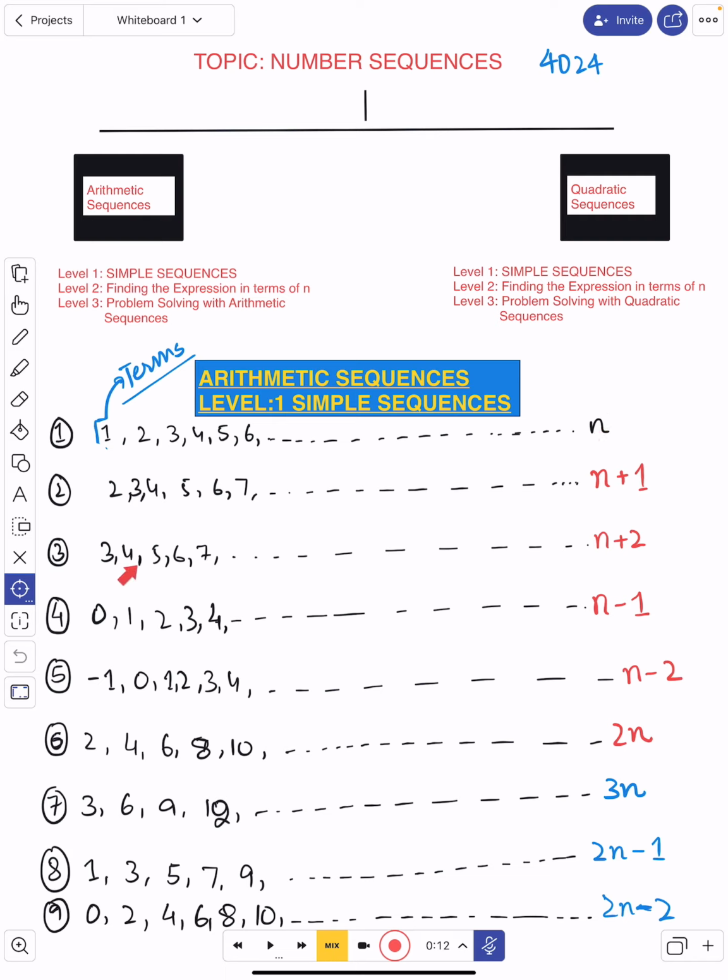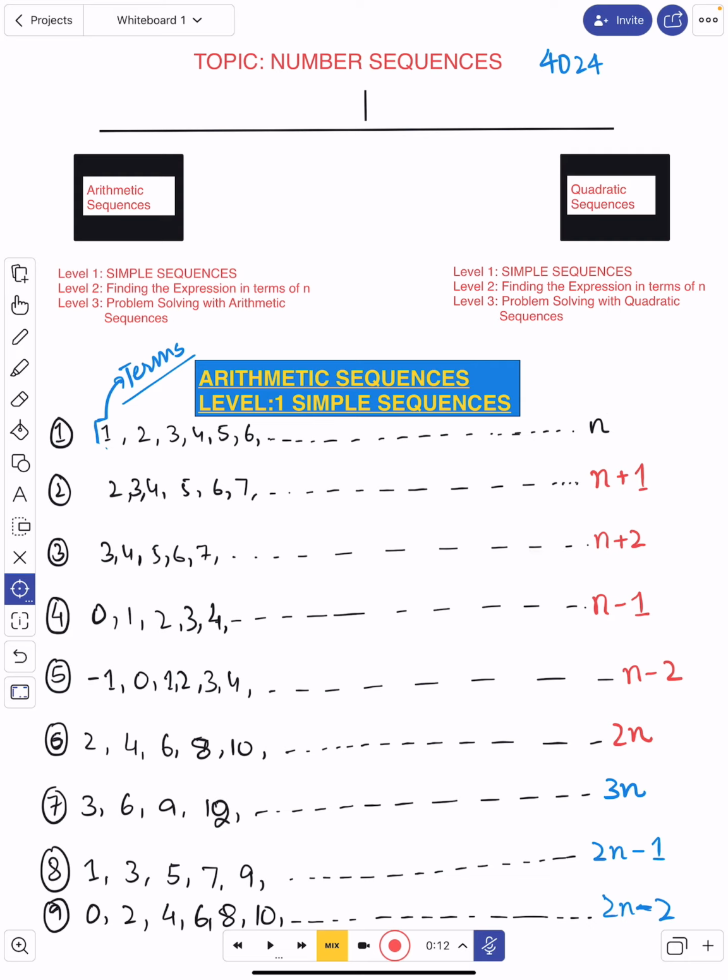Now 3 4 5 6 7 8 and 9, compare it with sequence 1. In the start you are missing 2 terms. So the expression of sequence number 3 will be n plus 2, right?